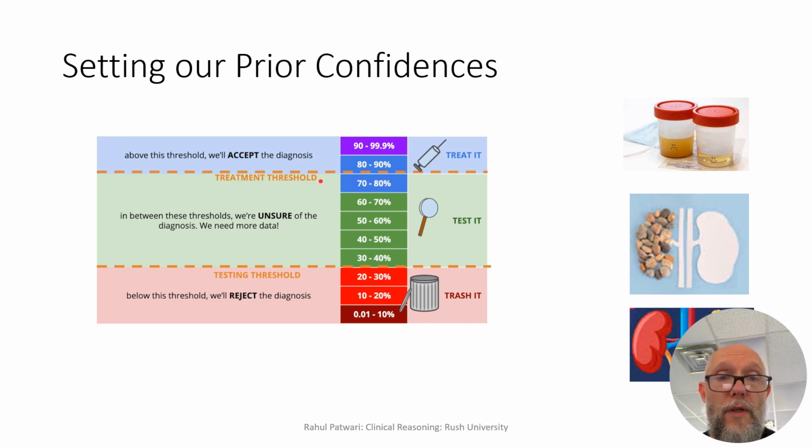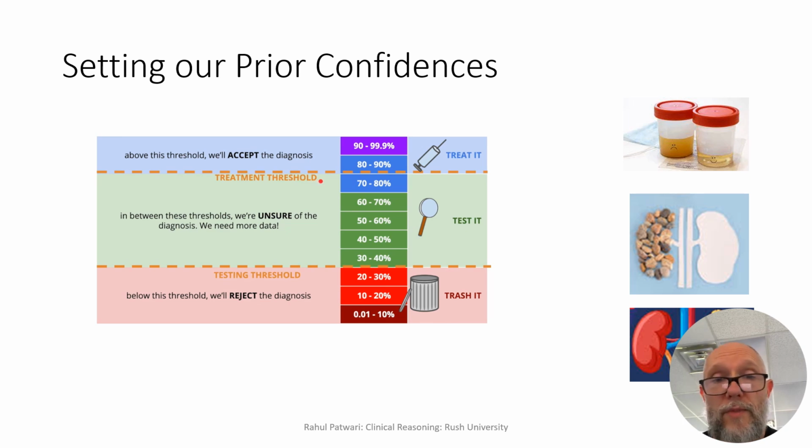Here's how I put it. I'm kind of a statistics nerd, so common things happen commonly. I tend to use those thought processes. So what we're going to do is ask ourselves about our prior confidence. So I think, maybe it's a UTI, right?